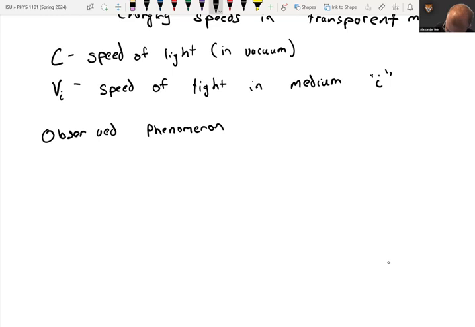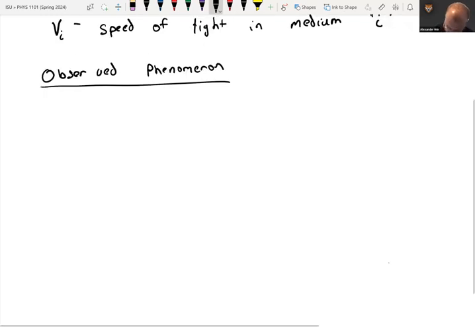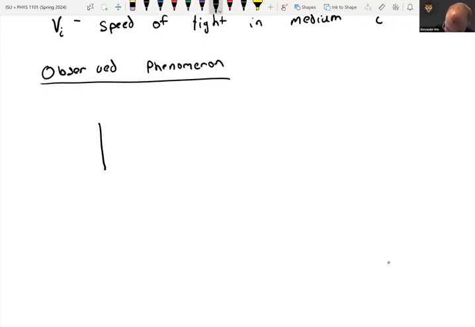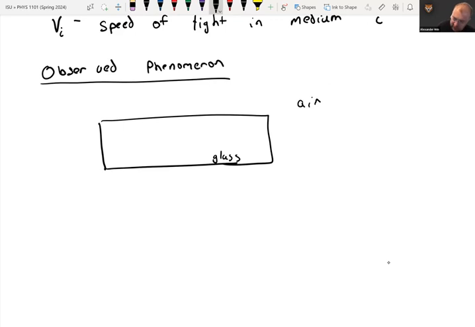This is just the simplest version. We're going to go over several others today and in the next class as well. But the idea here is that this would be glass, and then outside would be air. As a reminder, for air, v sub air is approximately equal to c.